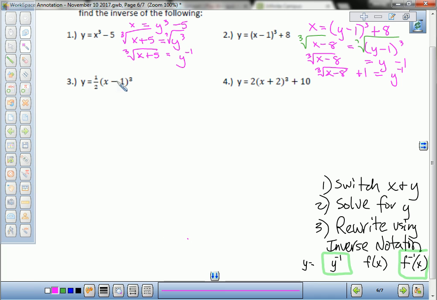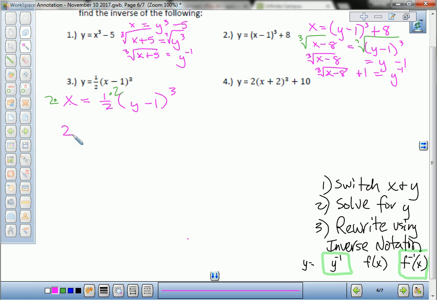All right. So now let's try this one. We have something being multiplied out in front. So slightly different approach, not much different. So step 1, still switch the x and y. But now when we go to solve for y, we can't take the cubed root yet because this isn't by itself. We have to get rid of this fraction. So when we have fractions, we multiply by the reciprocal.